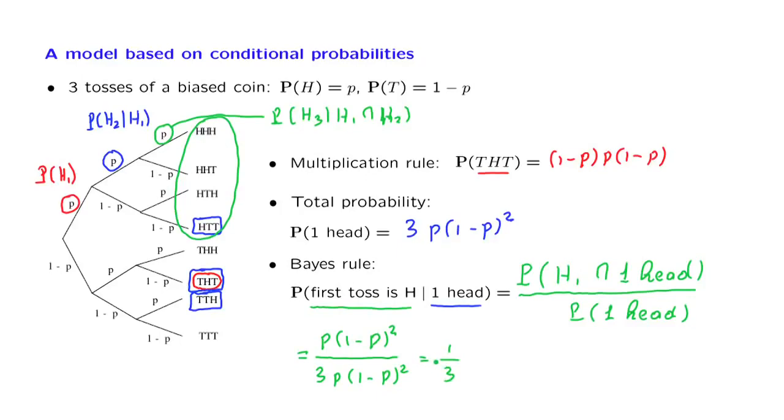Let me now make a few comments about this particular example. This particular example is pretty special in the following respect. We have that the probability of heads in the second toss, given that the first one was heads, is equal to p, and the same is true for the conditional probability of heads in the second toss, given that the first one was tails.